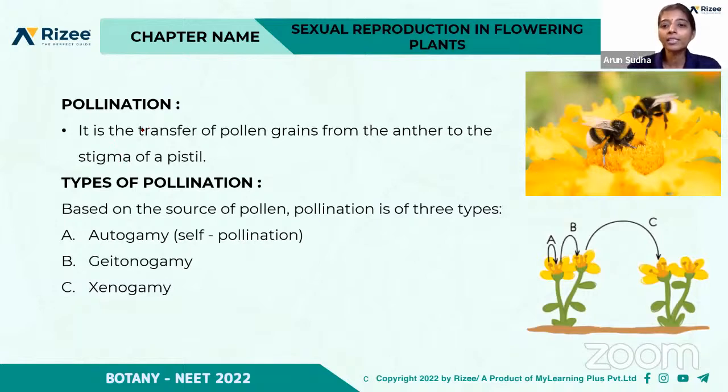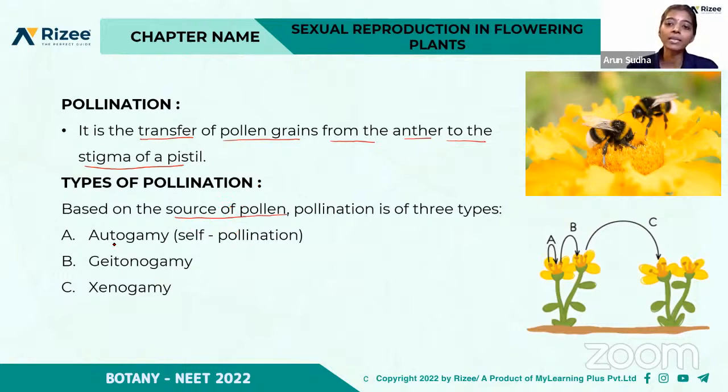Pollination is the transfer of pollen grains from the anther to the stigma of the pistil. We saw the structure of the pistil, that is the stigma, style and the ovary, right? There are different types of pollination based on the source of pollen, that is, from where the pollen is transferred.